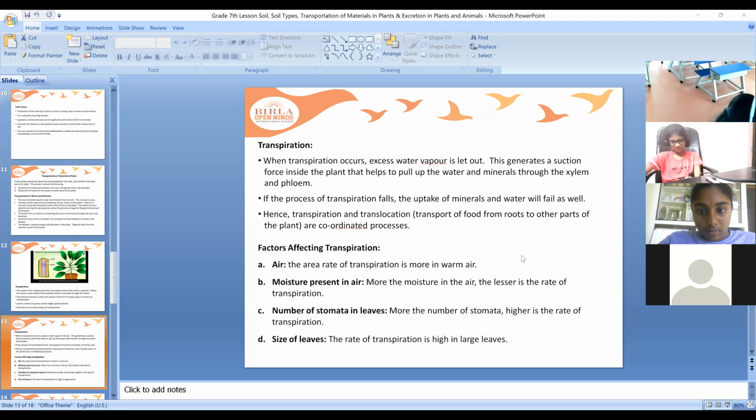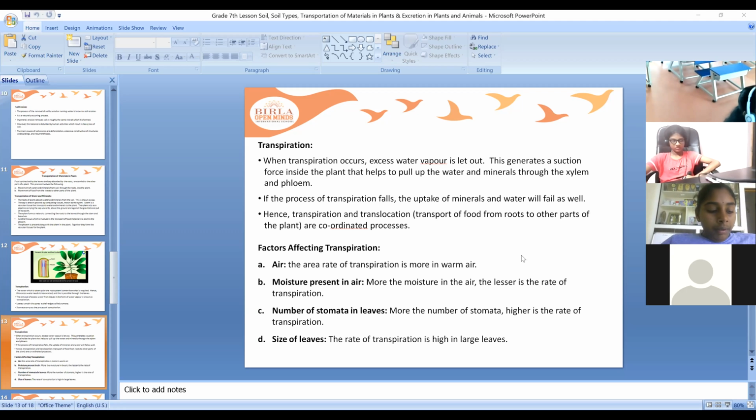During warm climate, the transpiration is more because of the heat; the water vapor will come out of the leaves more. The more moisture in the air, the lesser the rate of transpiration, because there is already moisture in the air.